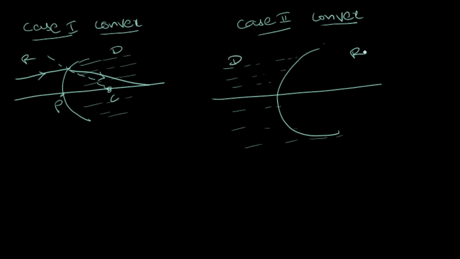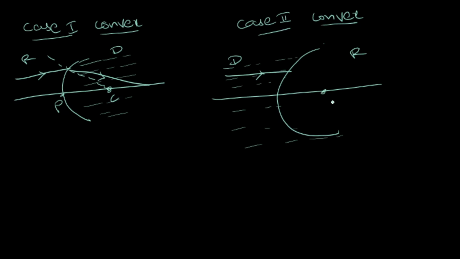This is the denser medium and this is the rarer medium. Whenever a light ray is passing from the denser medium to the rarer medium, I am considering a parallel incident ray. This ray is parallel to this principal axis. Okay, this is the incident ray, and after refraction what happens to this refracted ray?